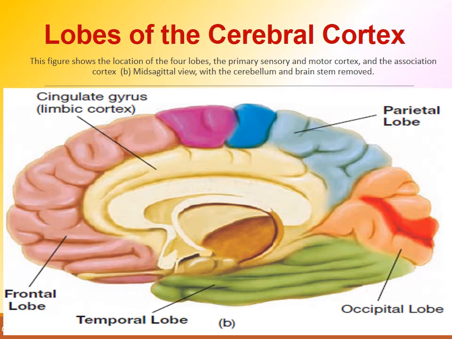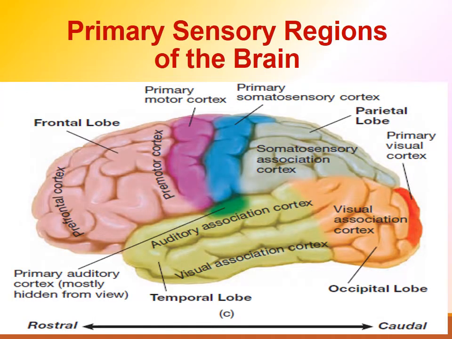Next, besides the main four lobes of frontal, temporal, occipital, and parietal lobes, our cerebral cortex also consists of three main sensory cortices. The first is the primary visual cortex, which is the red color at the back side, and is important to receive visual information.